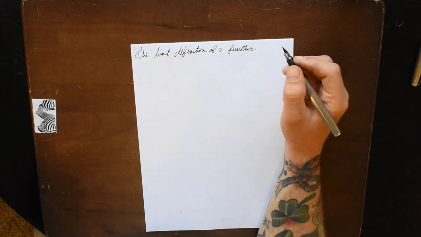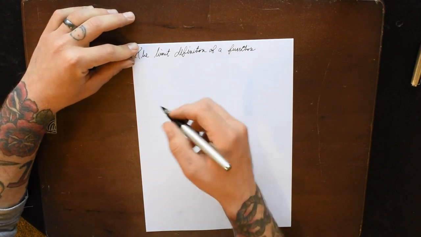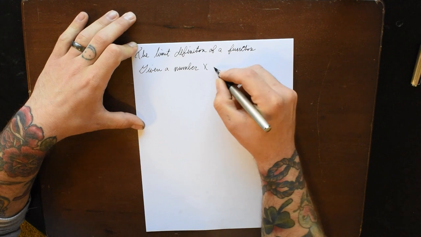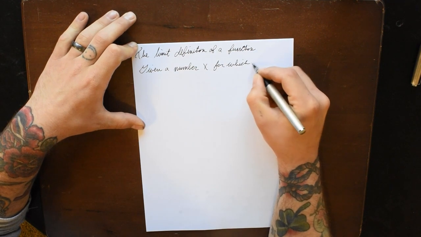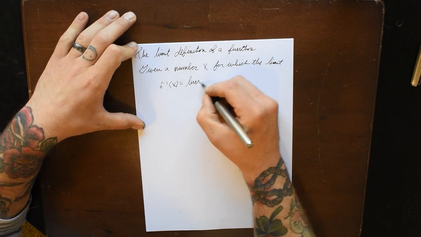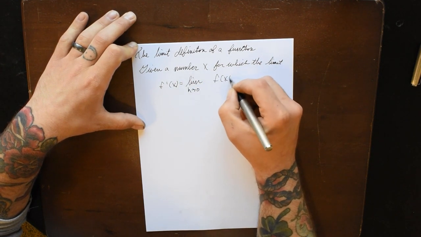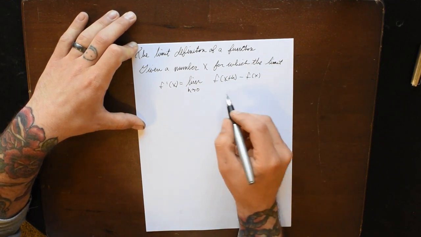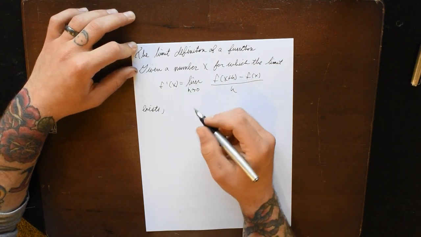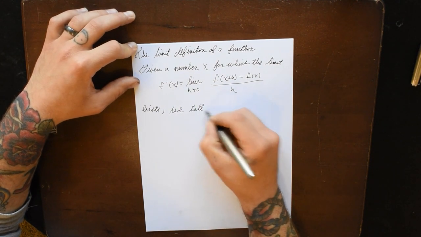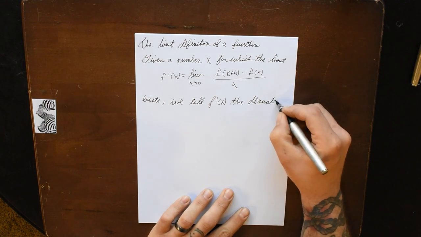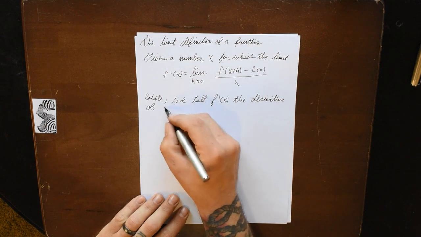And let's get it written right. So let's say, given a number x for which the limit f prime of x, which we'll call the limit as h goes to 0 of f of x plus h minus f of x, all over h, exists, we call f prime the derivative of f. f prime of x, the derivative of f of x.